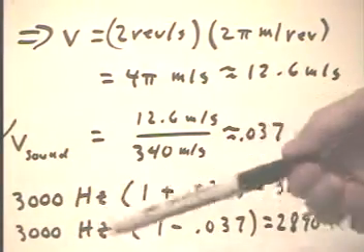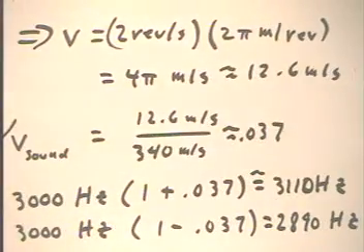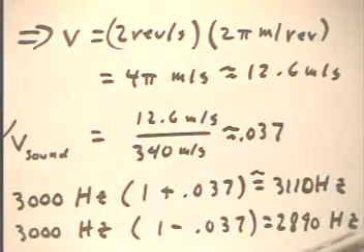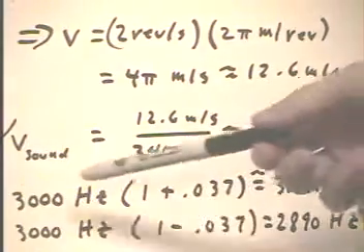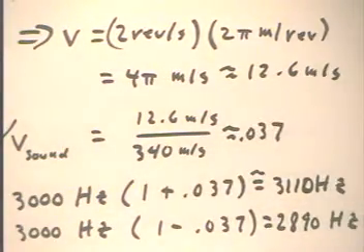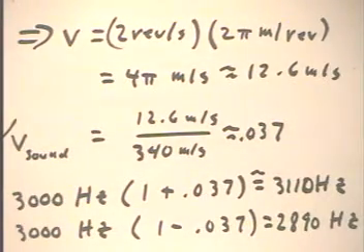we'll then be able to say that for the sound of the buzzer, and let's assume that the buzzer sound is around 3,000 hertz, which is fairly close, a 3,000 hertz buzzer coming toward us will have a higher frequency. If the frequency is 1 plus 0.037 times as great, that's going to give us a frequency of about 3,110 hertz.